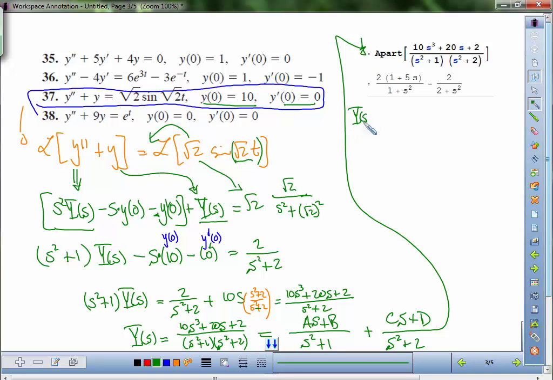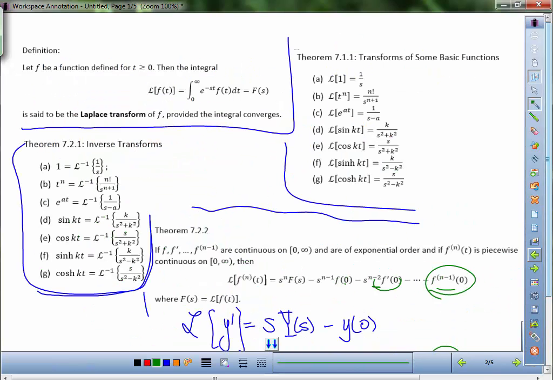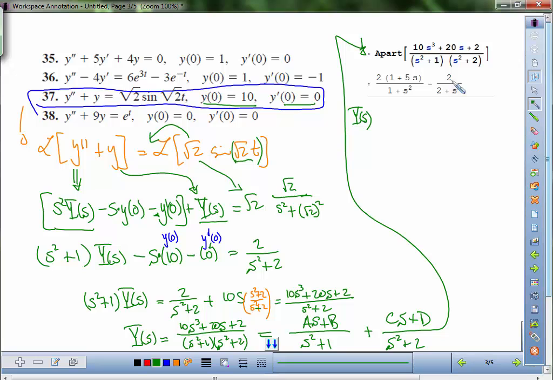Oh, I should have mentioned, looking at this big fraction over here, it is not anything that looks like one of the things that we can take back, right? So by doing a partial fraction decomposition now, we might have a chance to make it look like one of those things. I'm going to break this up so that I have s squared plus 1 and s squared plus 2 as a denominator, with the numerator just being one term.